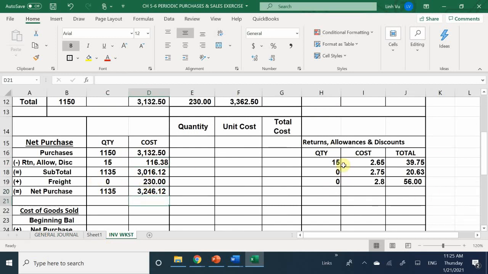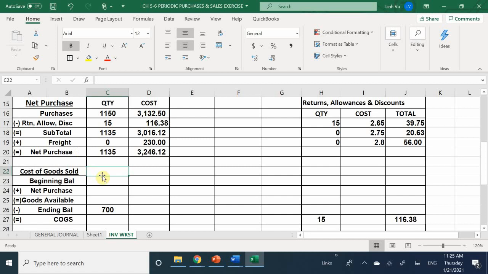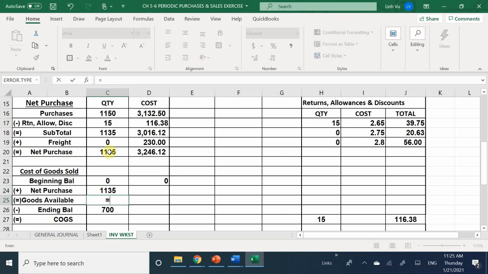Okay, so because we did a purchase discount, this section is for returns, allowances, and discounts. Make sure you guys remember that. Now that we figured that part out, we have to come down here and solve for the rest. We have no beginning inventory, but what we do have is our net purchases.